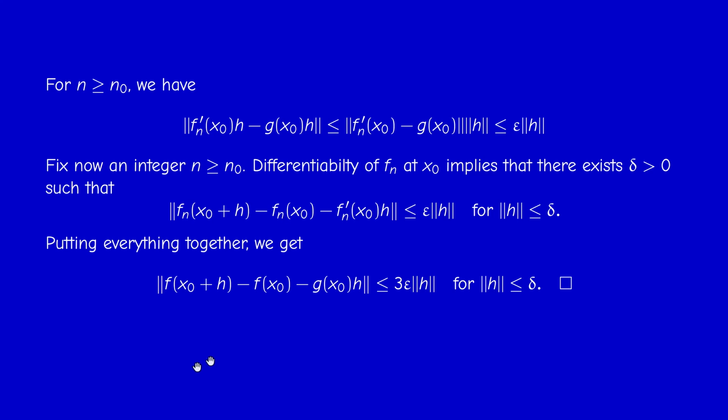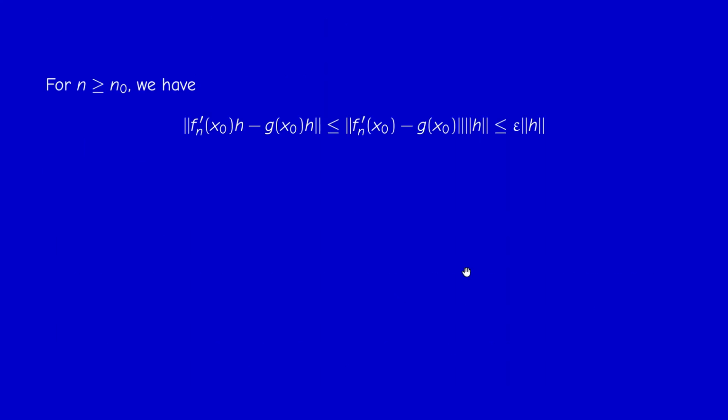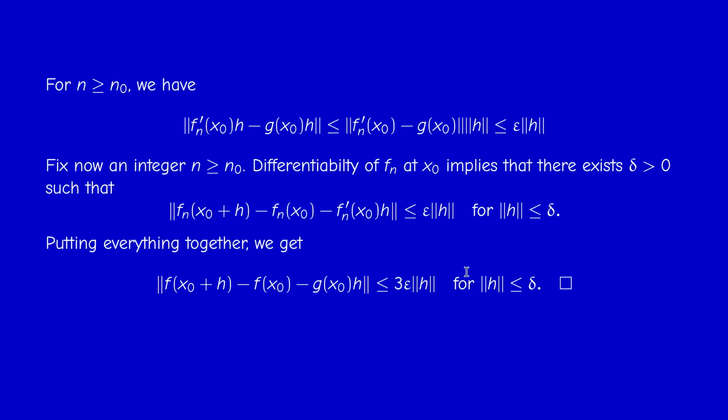And this shows at the same time that the derivative is precisely g of x0, because this is the linear bounded term. Okay. Now, 3 epsilon, 4 epsilon, 100 epsilon doesn't really matter. If I wanted to get exactly epsilon, then I should have taken here epsilon over 3 and here epsilon over 3, but this is not really important. Okay, so this concludes the proof of Theorem 3.4.